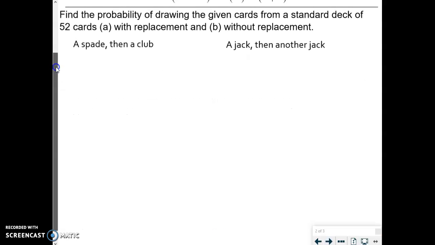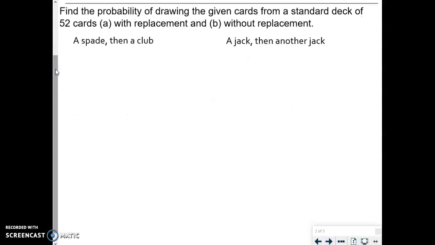So here we have a couple of different scenarios that I'd like to go through with you, and they deal with our 52 card standard deck. So in this case, what's the probability of drawing a spade, replacing that, and then drawing a club, and then drawing a spade, not replacing it, and drawing a club? So if we take a look at this one, the first event, A, with replacement means we choose it, we put it back in, and we randomly choose another card.